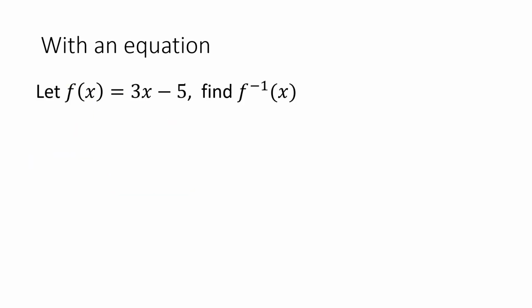All right, and finally with an equation, to find the inverse of something, we switch x and y, right? We've been saying that. So we're actually going to do the same thing with this. Remember, f of x can stand for the y coordinate. So I'm going to start by rewriting it like that. And what I will do is literally switch x and y.